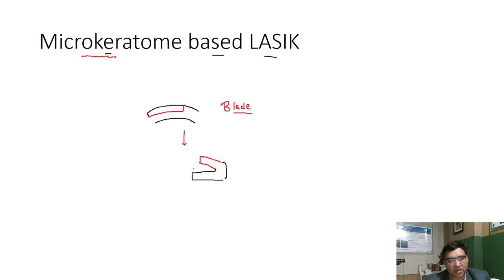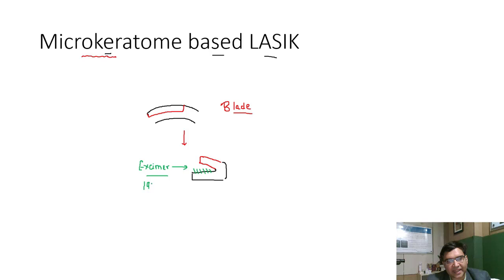What is this laser called? This laser was called excimer laser, that is the argon fluoride laser, and the wavelength, which is sometimes asked, is 193 nanometer.